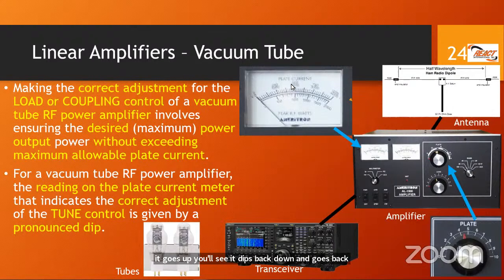The point at which you see that little dip is the correct adjustment. So that's what this bullet point means here. When you are adjusting using this knob and monitoring the plate current using this needle, just as it reaches a peak, it will dip down a little bit and come back up. That pronounced dip is the correct adjustment. So, exam question.